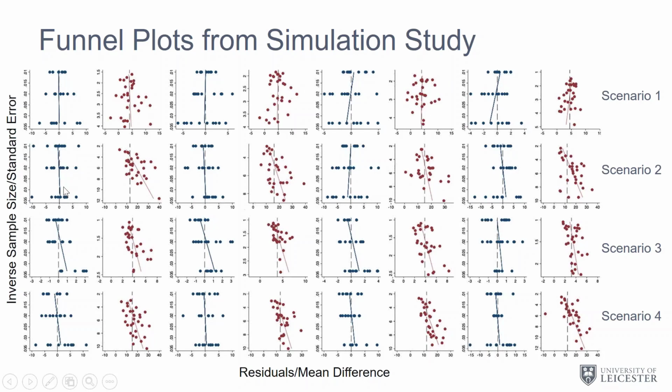So here we're correctly implying that there's little or no asymmetry. And in scenario 4 down here, we see a lack of strong trend in our residual based plots, reflecting the diminished power of our residual based test when both publication bias and baseline risk interaction are present.